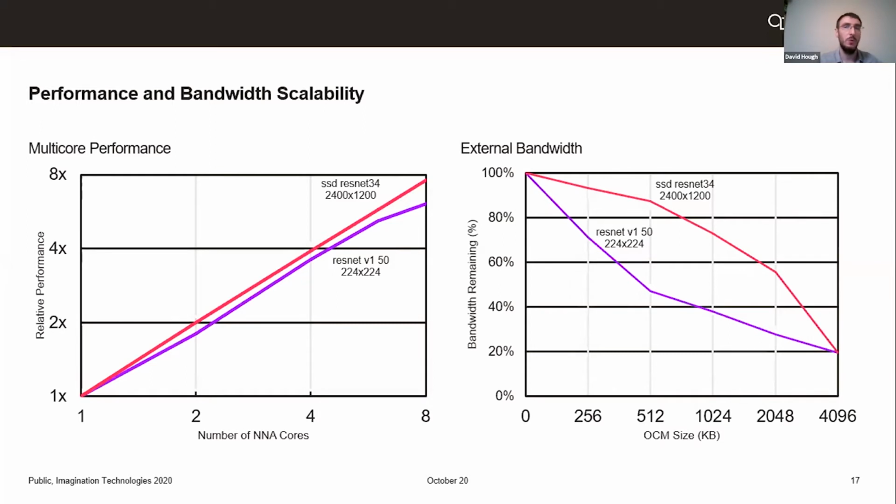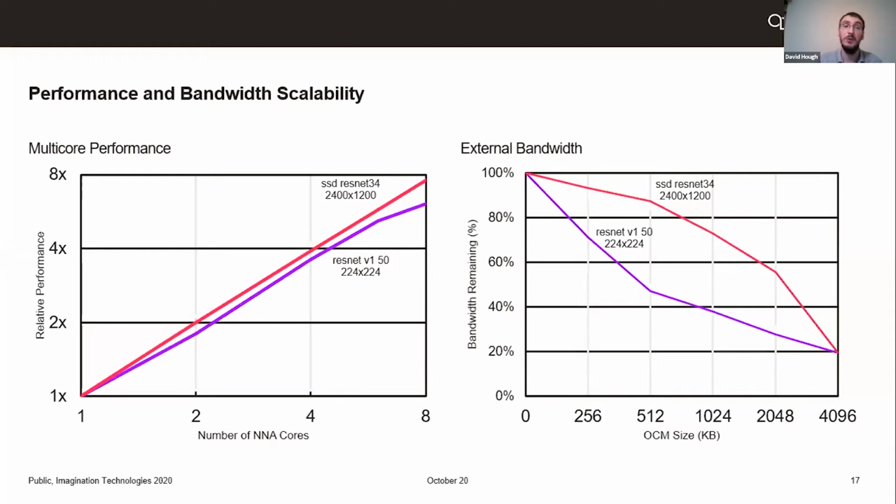Then for networks and layers with smaller tensors that don't always split as well into tiles, particularly if you need to split across many cores, you still get good scaling, but there's a bit more overhead. That corresponds to the purple line, the ResNet 50 benchmark, which is just using a 224 by 224 input.